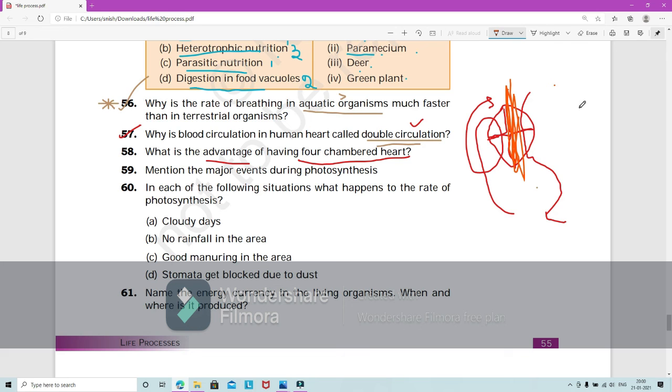But it is not happening like that, because we are warm-blooded animals. So to meet such huge energy requirements, you need to separate the oxygenated and the deoxygenated blood. So you'll have many advantages of that. Okay, so that is about the 58th question.